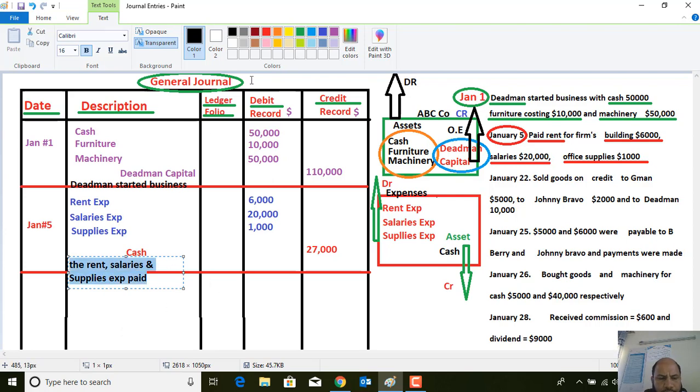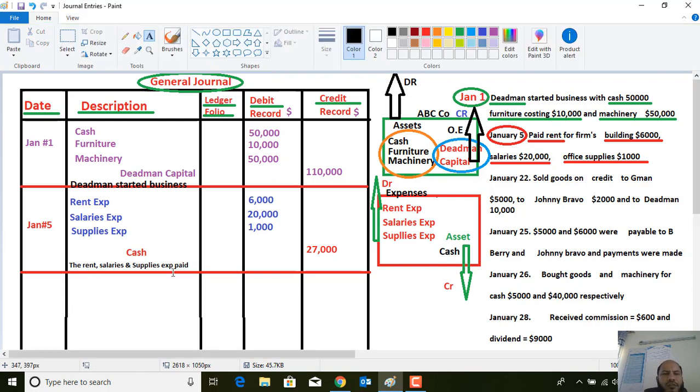You can record in this way. Good. So this is what we may call the small description about the transaction.